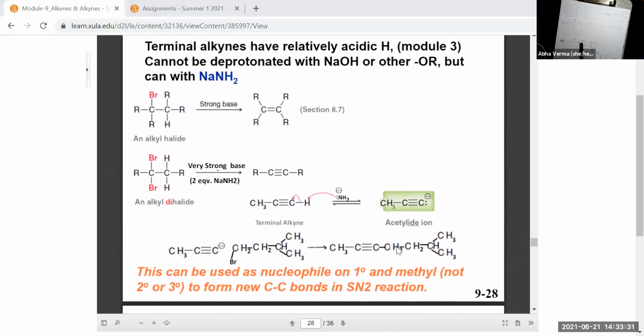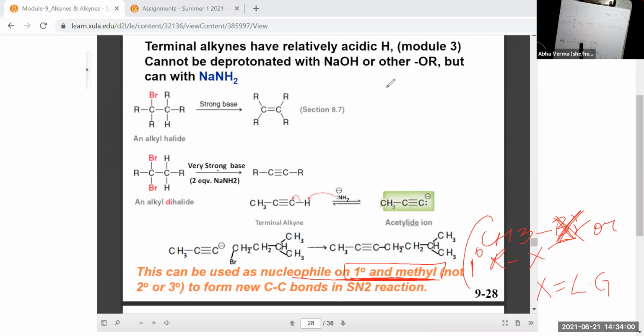A few minutes ago, we had discussed that you can only use a primary or a methyl group for leaving. So your RX can only be a methyl kind or a primary kind. This Br can be any X, any good leaving group.